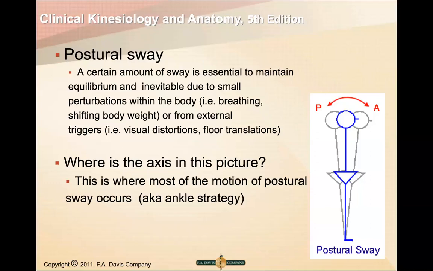Okay. Well, let's talk about balance now, since we just got through talking about those anti-gravity muscles. Whenever we're standing, and let's say we're just standing still and statically, we still have a certain amount of postural sway that happens whenever we are standing still.